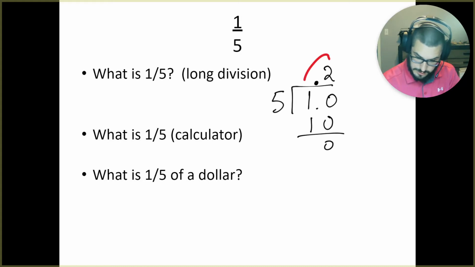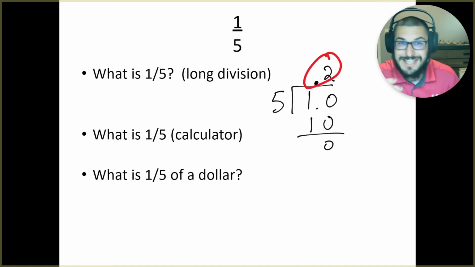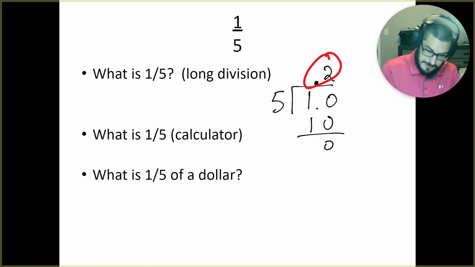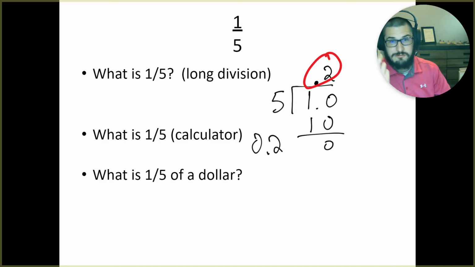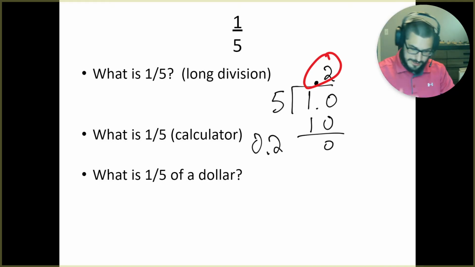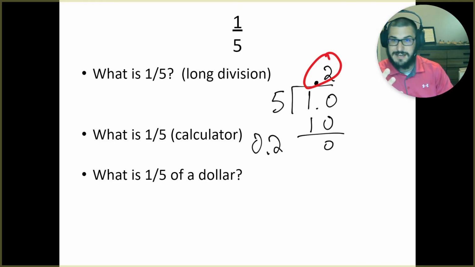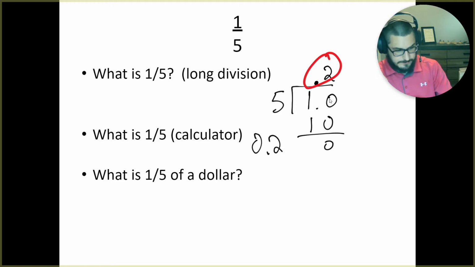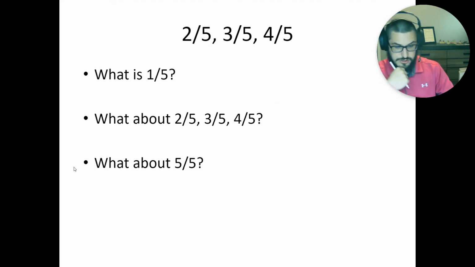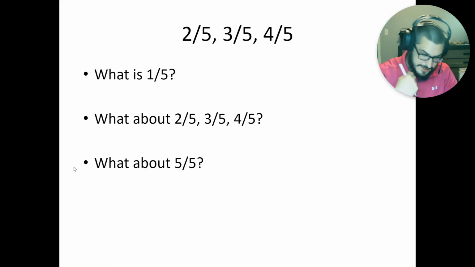So 0.2 is going to be the decimal form of 1/5. If you put that in the calculator, you're going to get that same thing, 0.2, and 1/5 of a dollar is 20 cents. So if you have 5 20-cents, that gives you a whole dollar. Okay, and leads us into 2/5, 3/5, 4/5. What was 1/5 again?